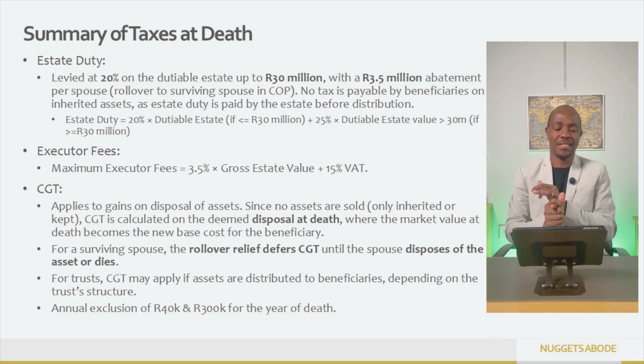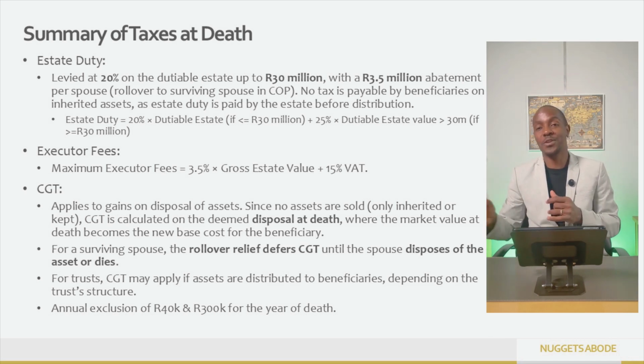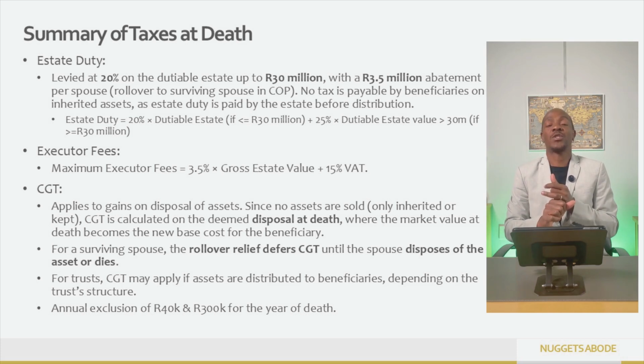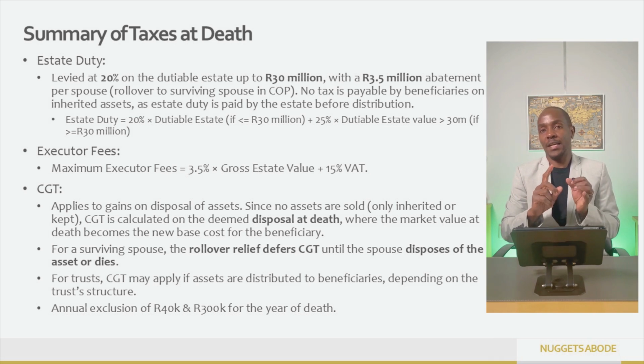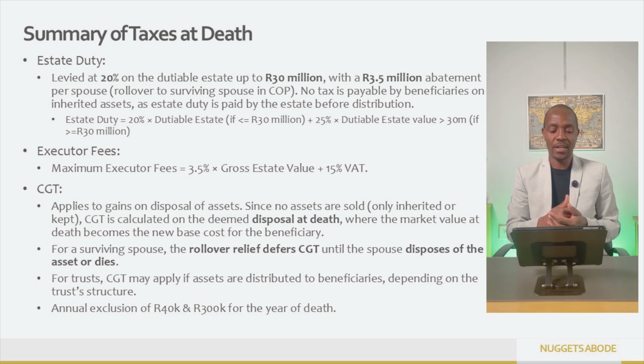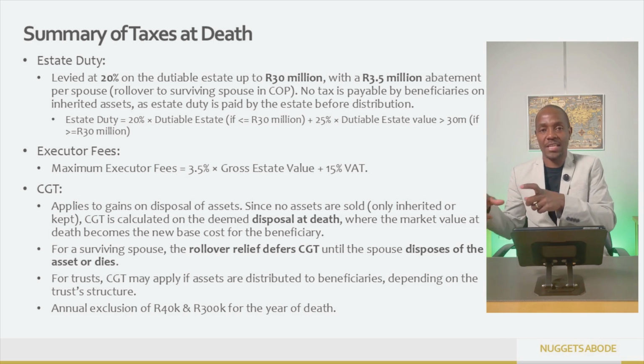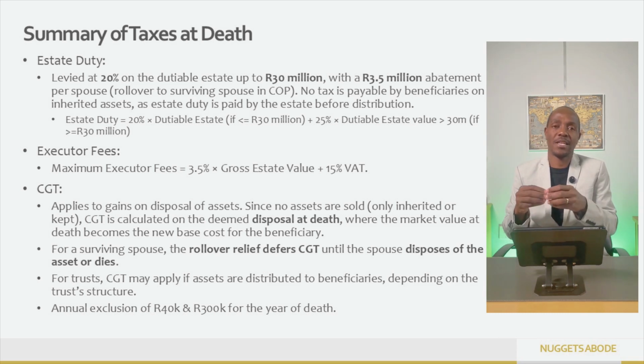So the capital gains tax will probably also be triggered at death. If it's not the death of the first spouse, definitely at the death of the second spouse as they leave the inheritance. Death is deemed a disposal event. Now, the capital gains tax will be calculated based on the market value and only the proceeds after payment of this tax.